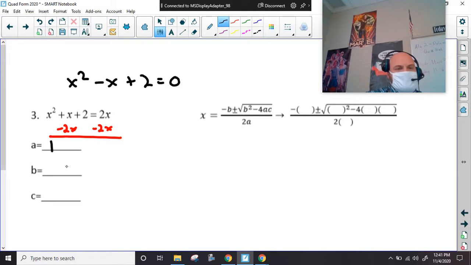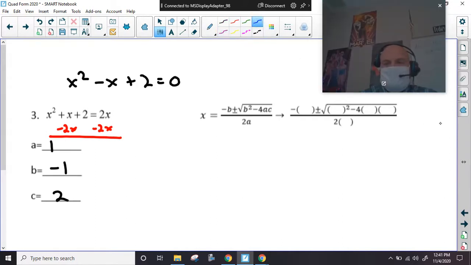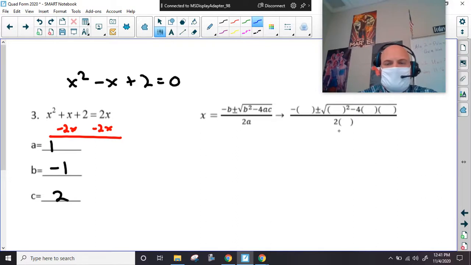So a is 1, b is negative 1, c is 2. All right, so y'all double check me when I'm plugging stuff in, because apparently I'm going rogue.